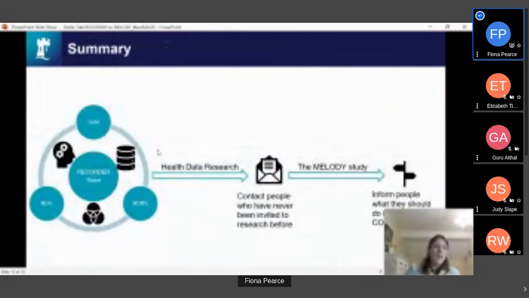But in summary, I hope that in this whistle-stop tour of the last few minutes, I've taken you through how research that we're leading here at the University of Nottingham and in collaboration with Nottingham University Hospitals Trust has used health data through research to find people with rare autoimmune rheumatic diseases and who have never been able to take part in research before, and invite them to a study that is current and relevant and hopefully will help people know what to do if they catch COVID-19.